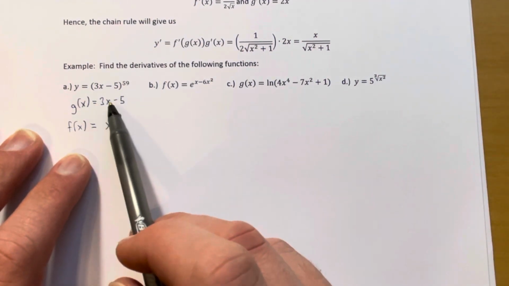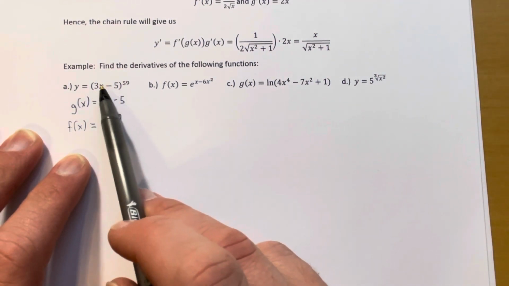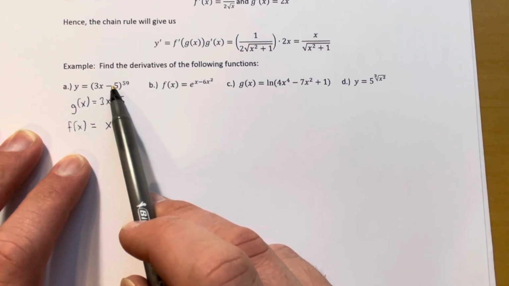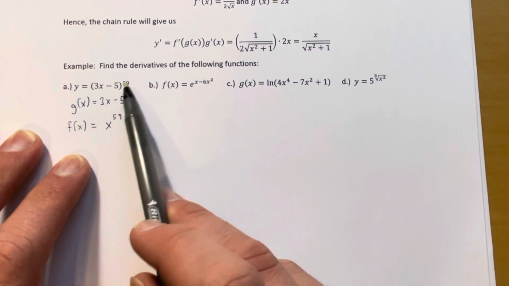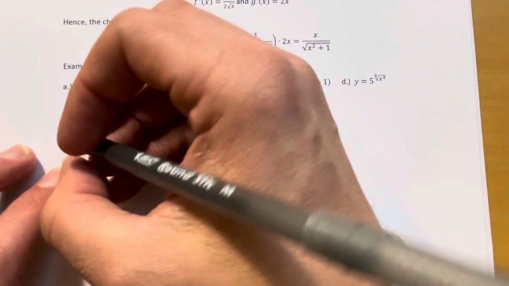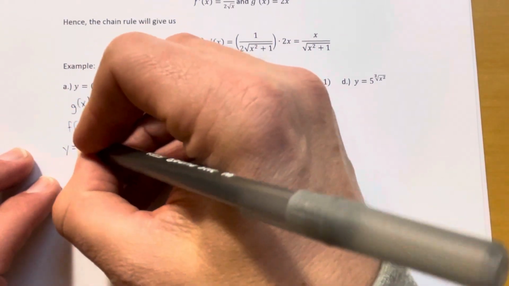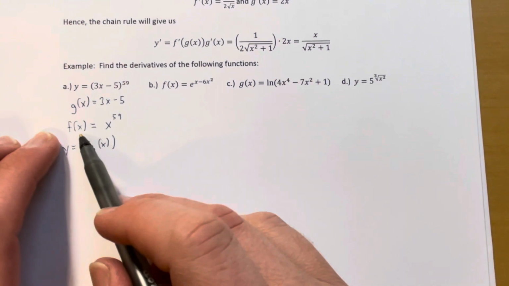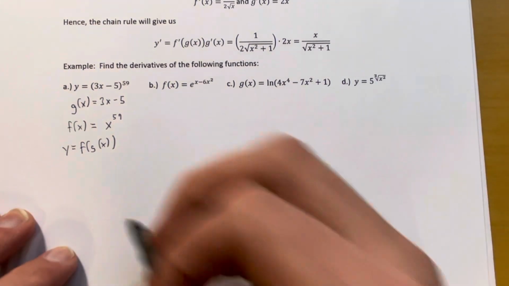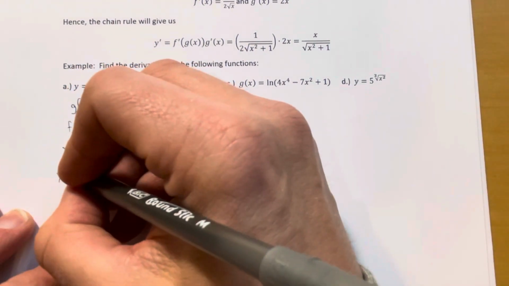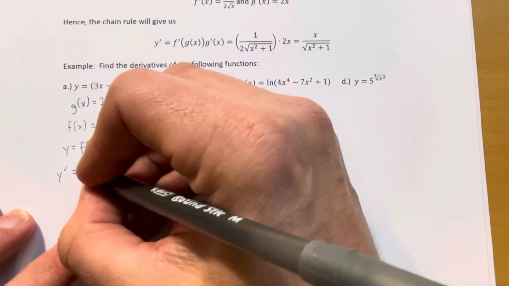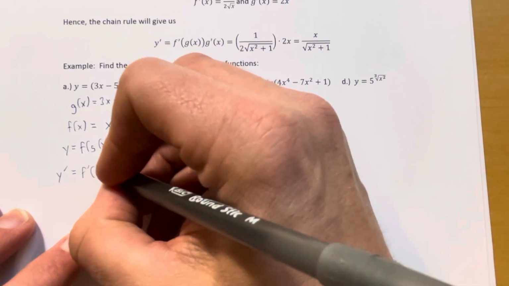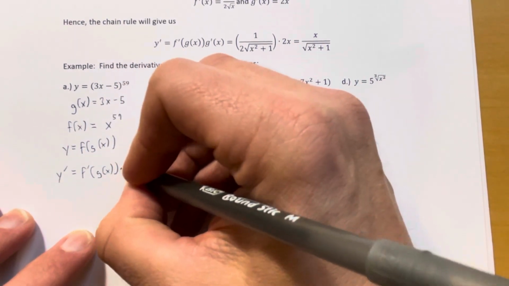Wherever g of x is sitting in this function, we replace that with just an x. So now I can think of y as f of g of x, so that y prime is equal to f prime of g of x times g prime of x.